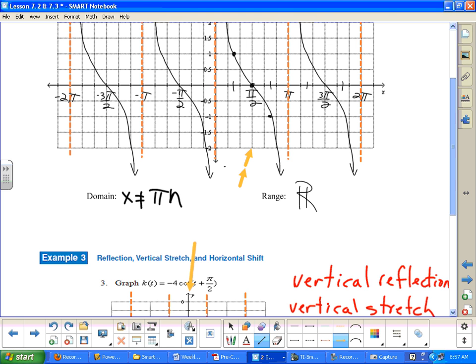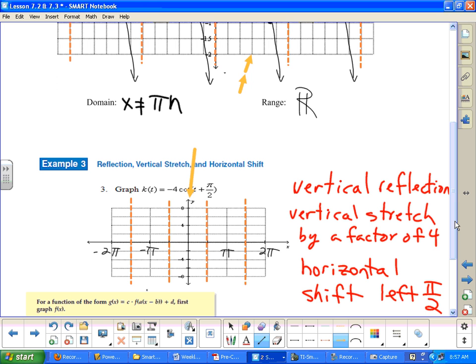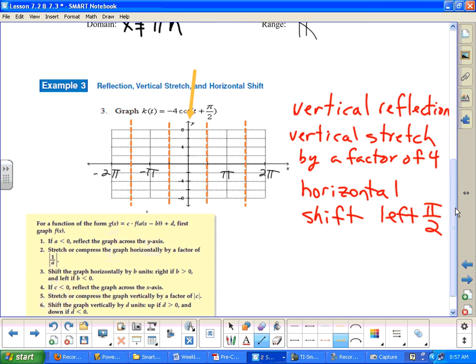Between 0 and pi, at pi over 4, I had positive 1. If I take that positive 1 and multiply it by negative 4, what do I get? Negative 4. So we're going to have, let's use the purple again, what was pi over 4 there is now going to be pi over 4 here, and we're down at negative 4.